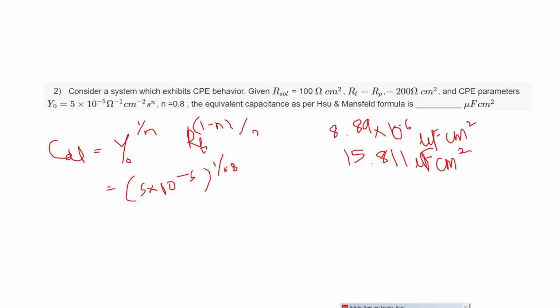Find 5 into 10 to the power minus 5 into 1 by raised to 1 by 0.8. RT value is 200.